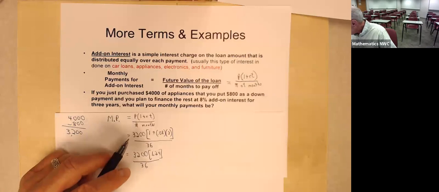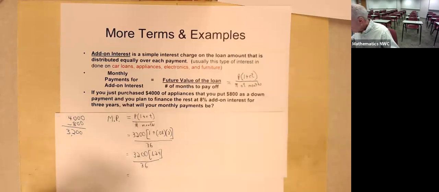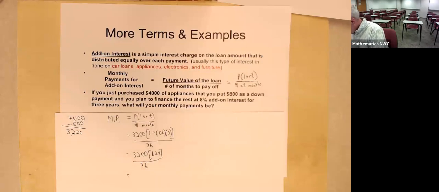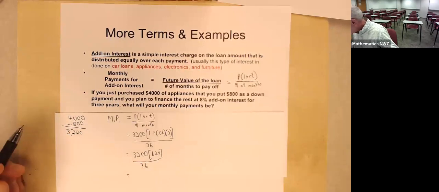And what I would end up getting would be my monthly payment here. Got to find it a moment here. For some reason, I'm having a hard time finding this one. Let's see what's there.